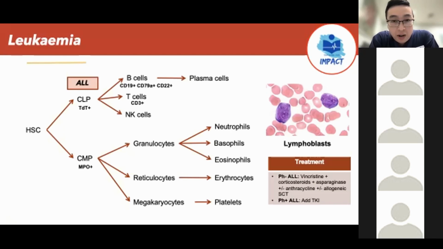I'm not going to spend too much time talking about ALL, unless there are people here who are interested in pediatrics, because ALL is largely a pediatric malignancy. If you do an onc rotation at the Royal Children's, you'll see a lot of patients with ALL. But if you're working on the haematology unit at, say, Peter Mac or Royal Melbourne, it will be quite rare for you to see a case of ALL.